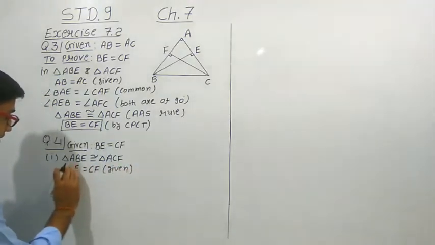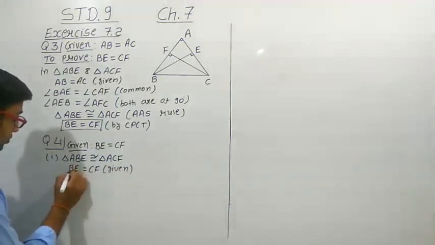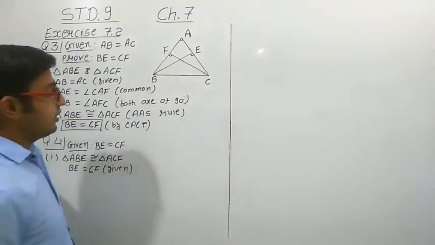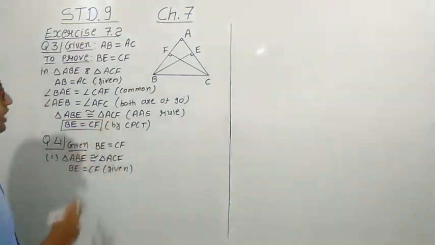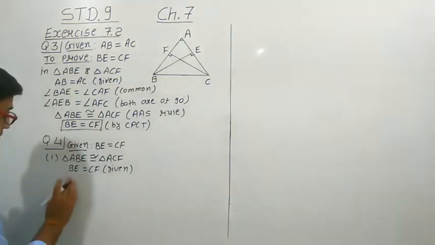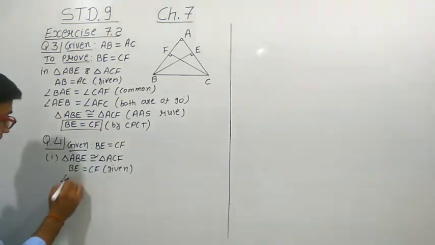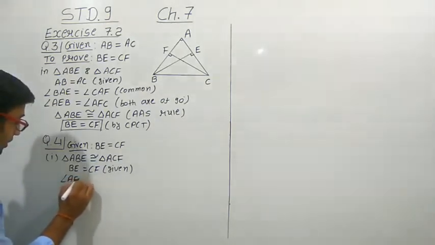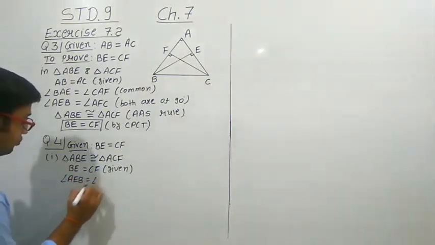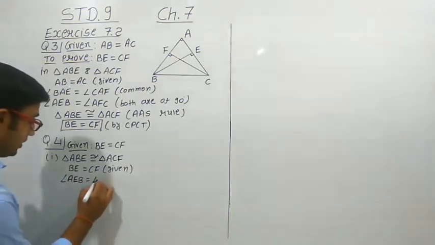Also we have stated earlier that if the altitudes are there, we can take one of the angle that is of 90 degree, right? So here we can take the angle AEB. Angle AEB is equals to angle AFC.